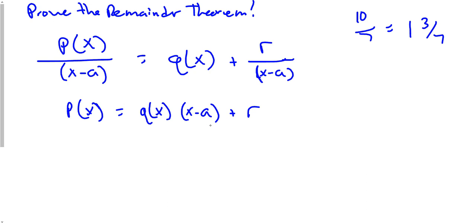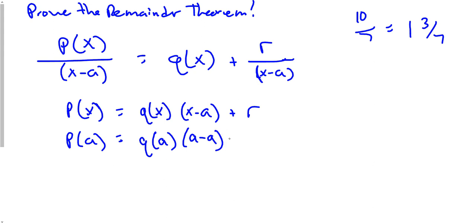So now, what is P of A? P of A is going to be Q of A times... now, we're just going to replace the X with A. We're going to take that value for the intercept and plug it in for X. The first term becomes Q of A. Well, we don't know what that is because that's just the quotient, and that could be literally anything.